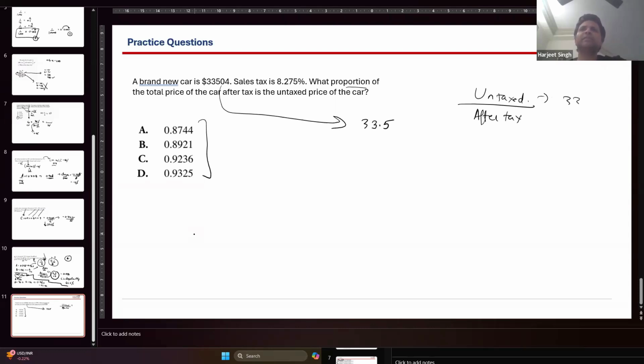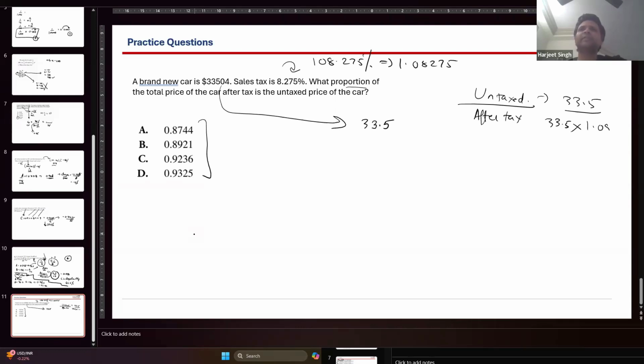33.5. And what is after tax? You add sales tax over it. So 33.5 into the factor. So the percentage is 8.275. So it becomes 108.275%, which means the factor is 1.08275, right?